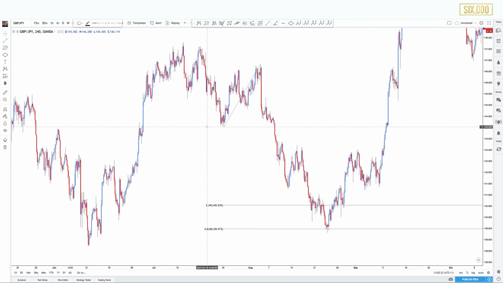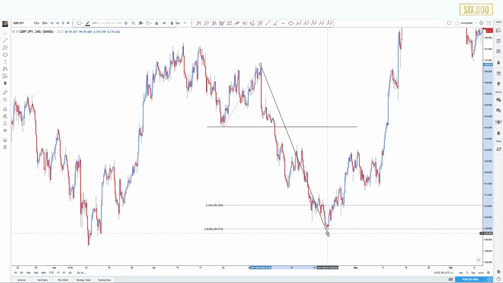We can see this would be the 100% retracement from this high here down to the low where we started the measurement. That would be 100%. Anything beyond that, we're then looking at a projection. And as I mentioned before, many traders refer to projections as extensions.